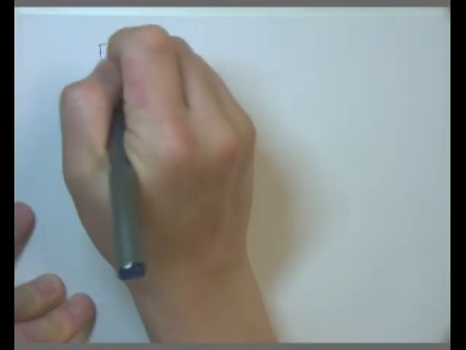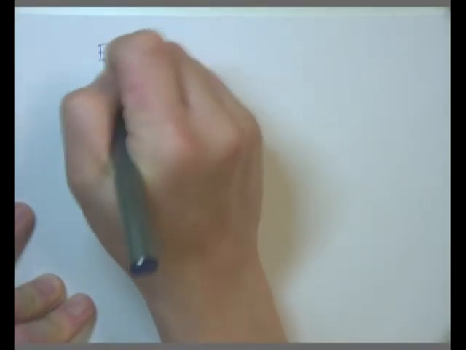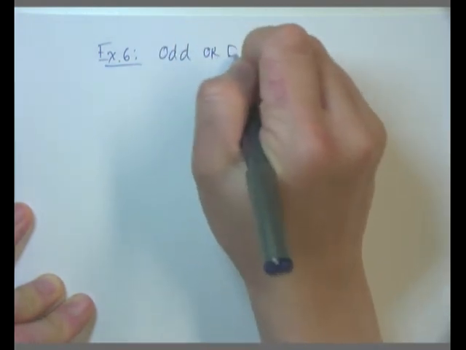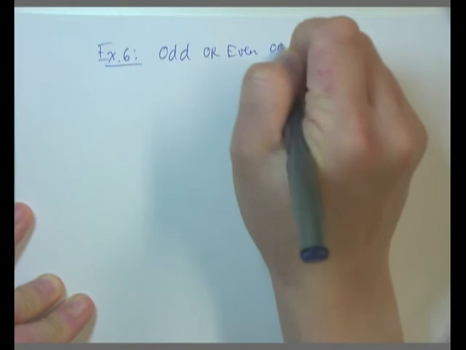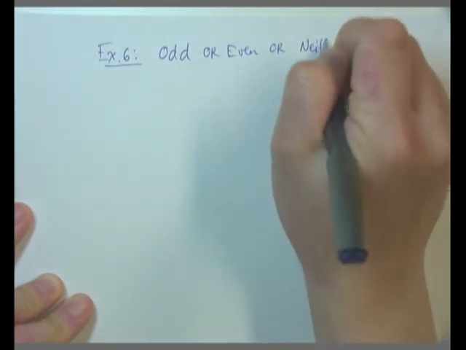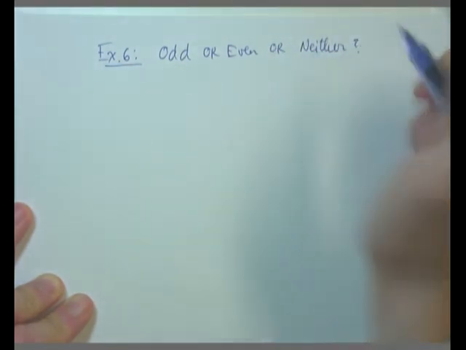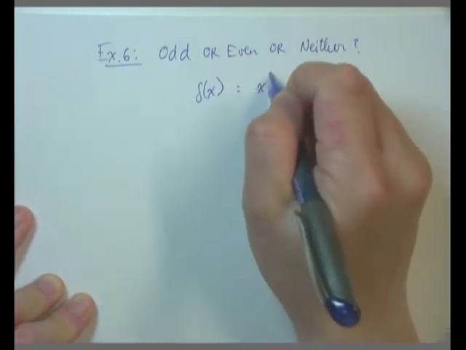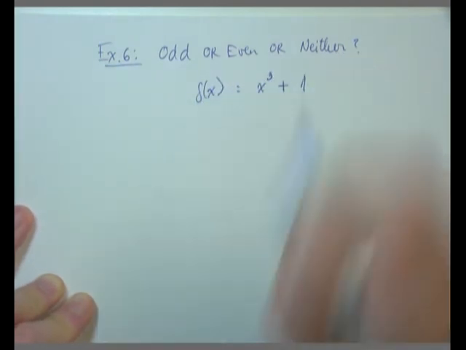So in the last example, is this going to be odd, even, or neither? The function I have here is f of x equals x to the 3rd power plus 1.